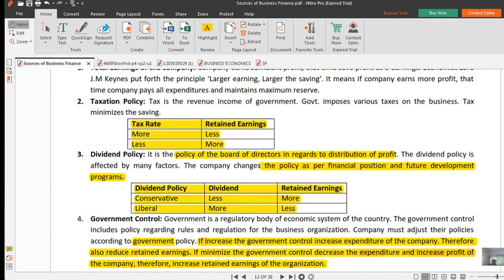Before 1991, what happened? There was excessive control by the government. That's why there was expenditure. Sometimes expenditure is more. So the impact of this is a reduction in the retained earnings. But in 2020, government control is much less.